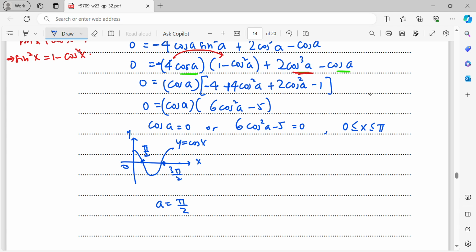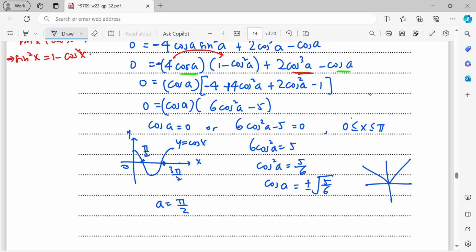Then now, or 6 cos squared a equals to 5. That means cos squared a is 5 over 6. Hence, cos a is plus minus square root of 5 over 6. So cos a is plus minus because it will be 0 and pi, so it can be 2 quadrants.